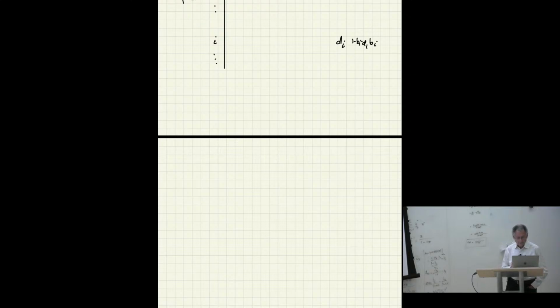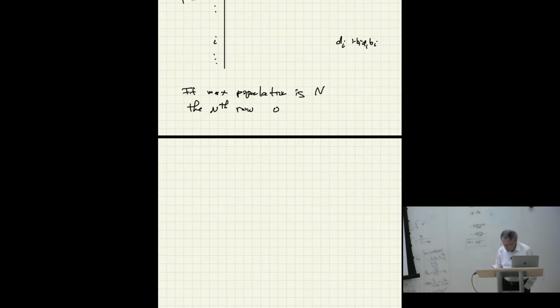Now, similarly, if the max population is some number, say n, then the nth row would be 0, 0, dot, dot, dot, 0, finally, d_n, 1 minus d_n, that would be state n, but you can't go to state n plus 1.